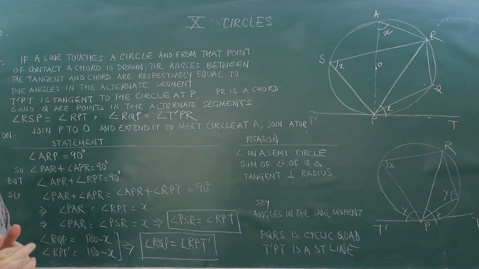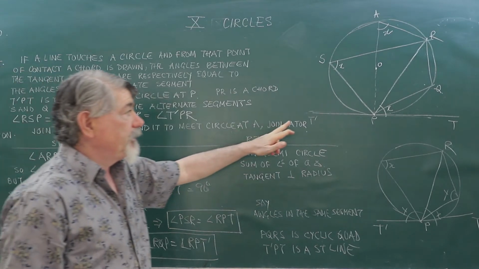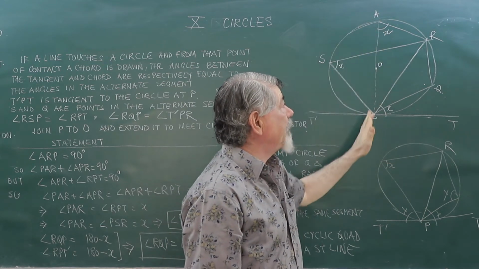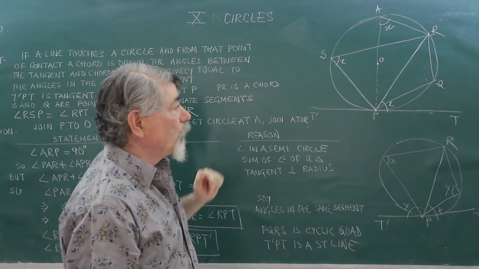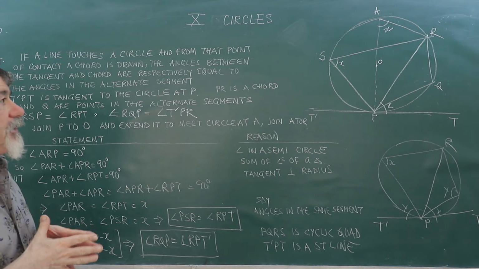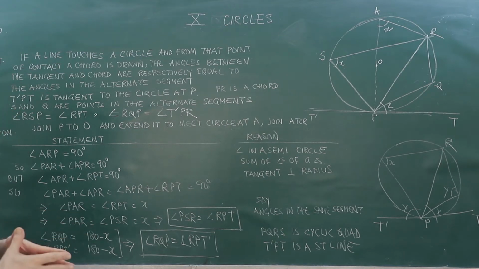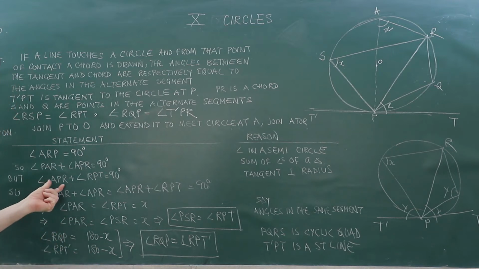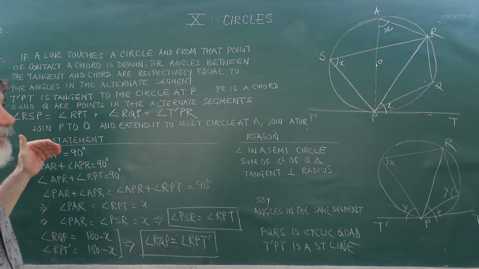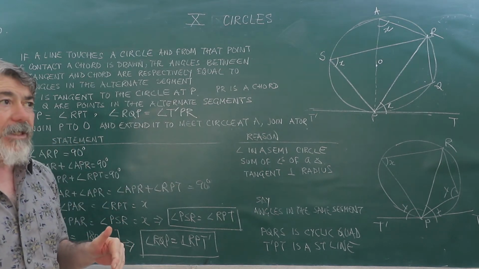The other property which we are going to use is that T'PT is a tangent and PO or PA is a diameter as well as a radius. So what is going to happen? Tangent and the radius are perpendicular to each other. So angle APR plus angle RPT will be equal to 90 degrees because tangent and radius are perpendicular to each other.